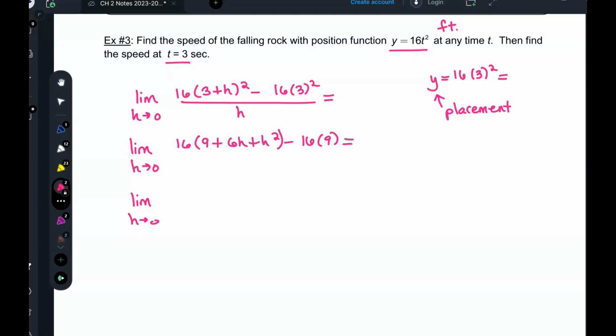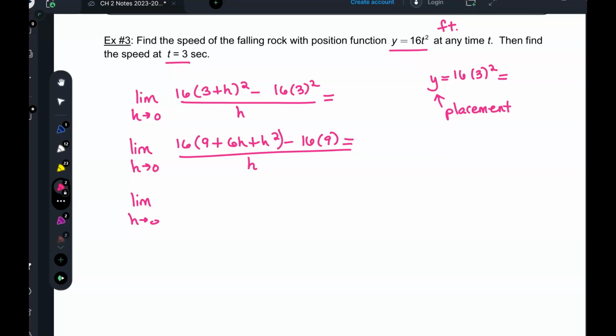Y is a y value, right? So if I'm talking about the speed of a falling rock, 16t squared, and I just plug in 3, that's just going to tell me the height of the rock. What do I want to find? I want to find the speed that the rock is falling. It says at any time t.